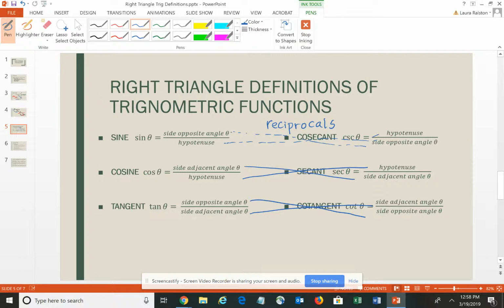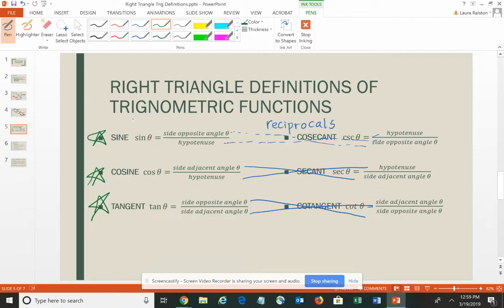Now, I point that out to you because here's the deal. If you can learn these first 3, if you can learn the relationship between sine, cosine, and tangent, and remember that the other 3 are the reciprocals, then you really only have to memorize or learn 3.